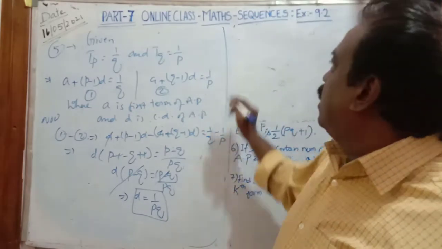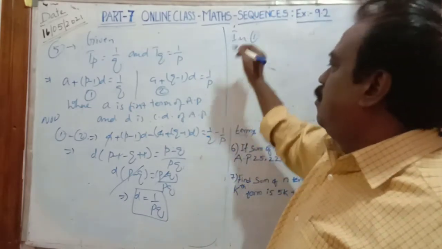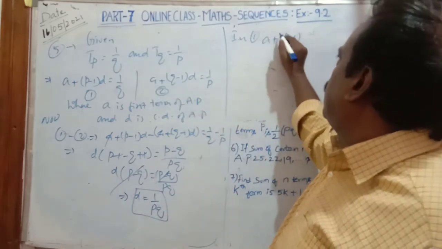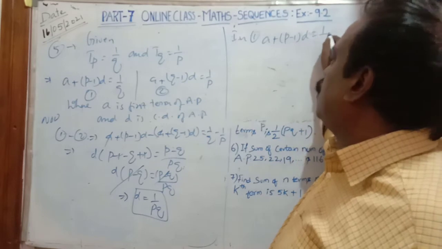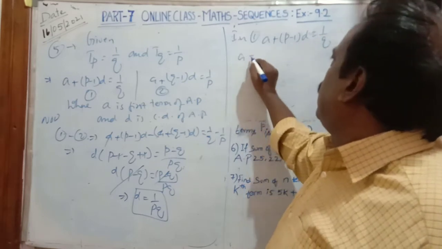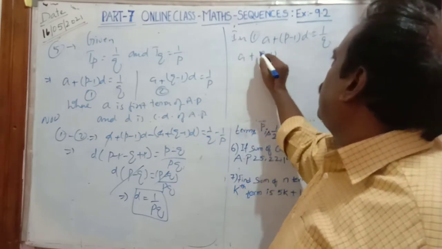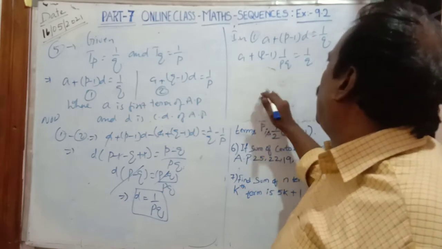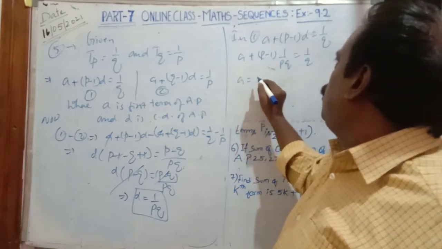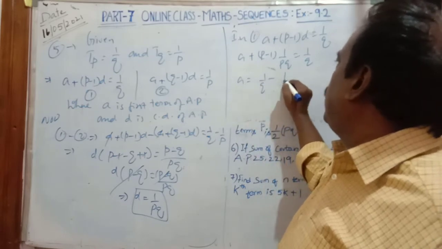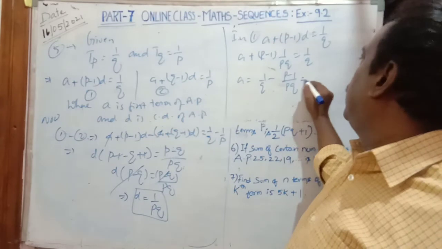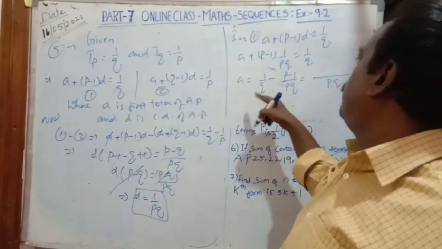Here D is there. In 1, what is 1? A plus (p minus 1) into D is equal to 1 by q. A plus (p minus 1) into D means 1 by pq is equal to 1 by q. So A is equal to 1 by q minus (p minus 1) by pq. pq is the LCM.